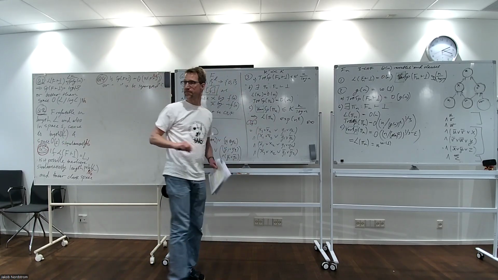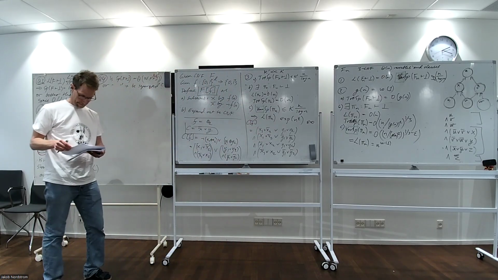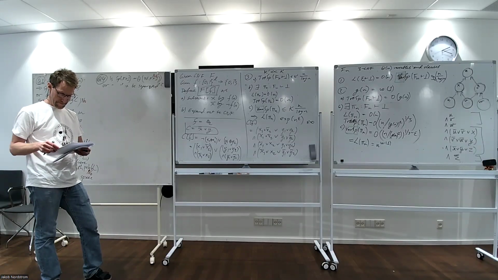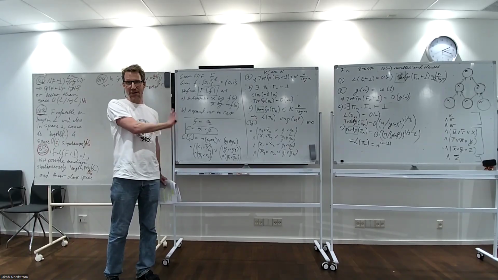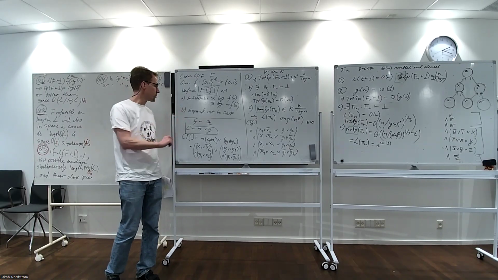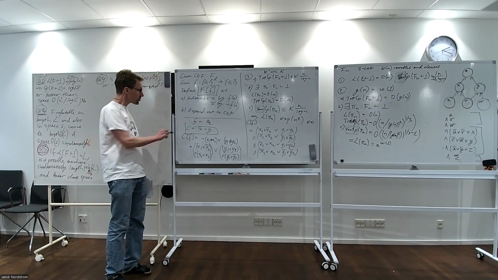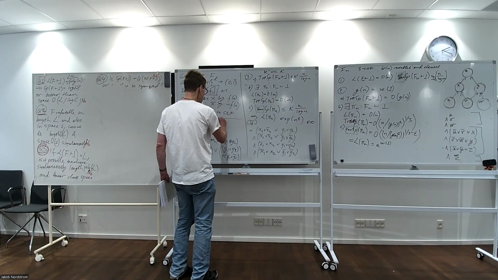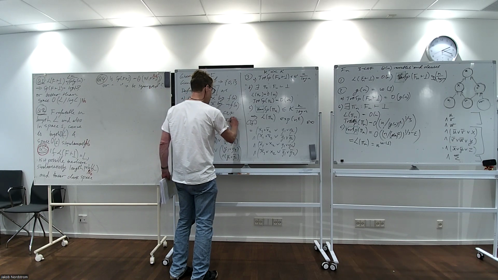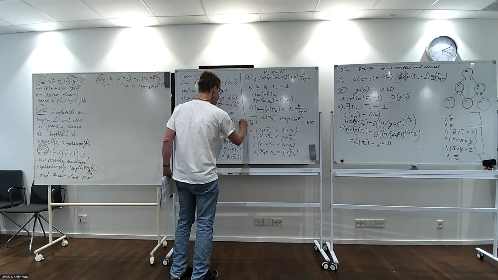Are we happy with this? Again, clearly you have to write down a little bit more carefully what we mean. We could also do this for other Fs. What other Fs could we imagine? One inspired choice would be majority of x1, x2, x3.